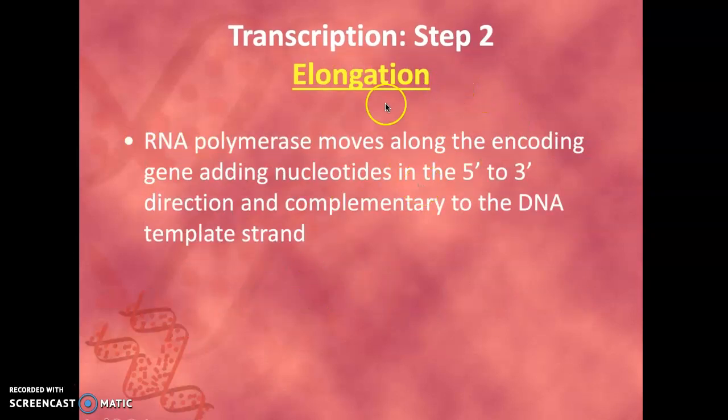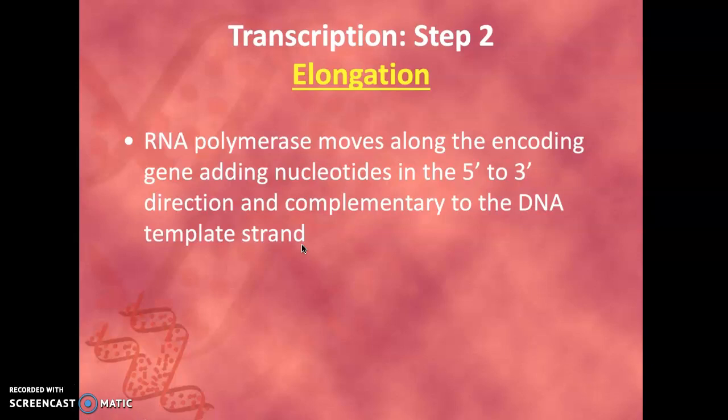Then the second step occurs, which is elongation. RNA polymerase just starts adding nucleotides, A, U, C, and G, to the 3' end, and it's doing this complementary to a DNA template strand. Remember, in replication, both sides were replicated.